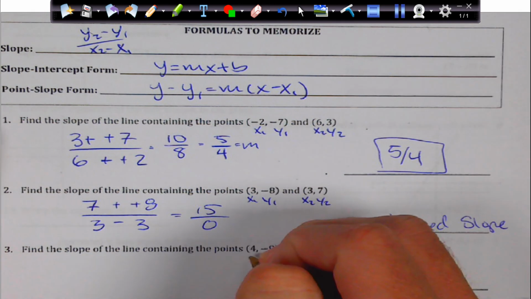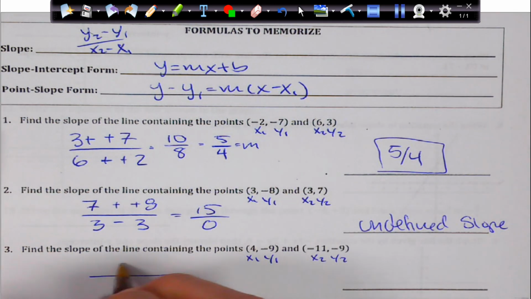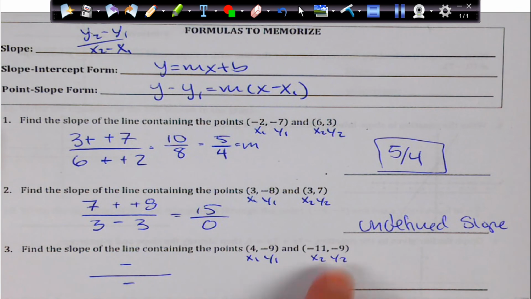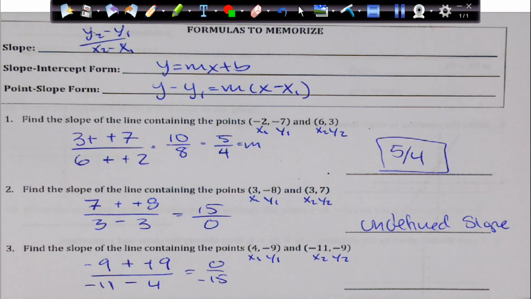Alright, next one. x1, y1, x2, y2. Again, put those negatives in right away. We get negative 9 minus negative 9, negative 11 minus 4. That becomes positive. Negative 9 plus 9 is 0, and that's negative 15. So here's the difference. Now we have 0 on the top.